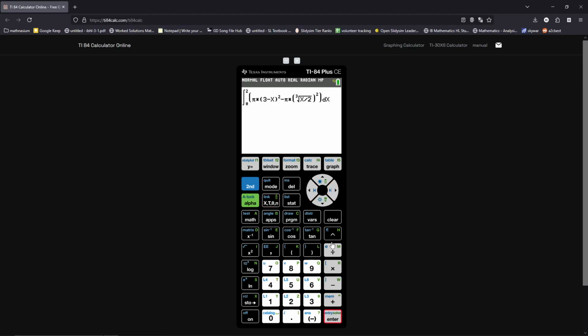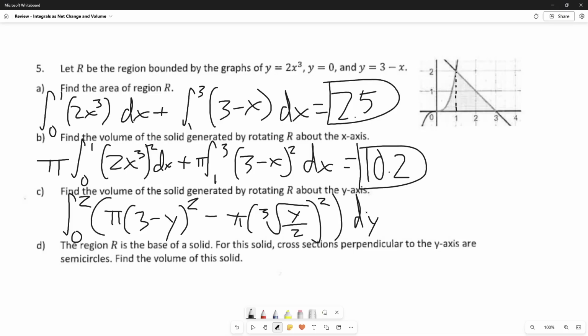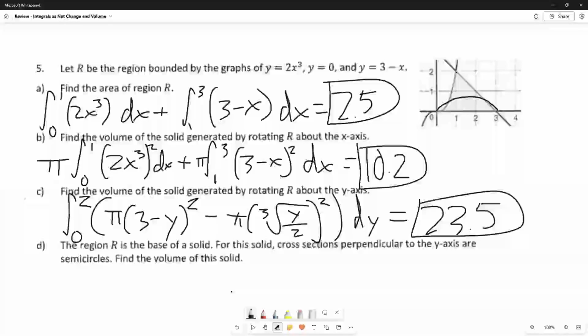And our answer should be 23.5. 23.5 units cubed is our final answer for part C.